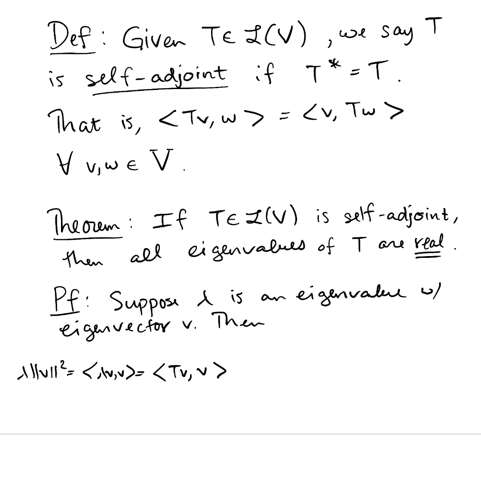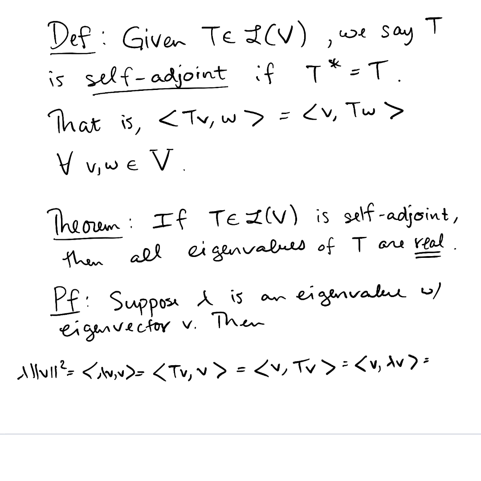On the other hand, since T is self-adjoint, Tv inner product v is the same as inner product v, Tv, because T is T star. And again, v is an eigenvector that goes with lambda. So this is v inner product lambda v.